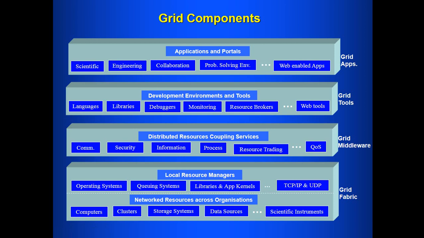Local resource managers include operating systems, queuing systems, libraries, and application kernels, and TCP/IP and UDP that are used in networking. And network resources across organizations include computers, clusters, storage systems, data sources, and scientific instruments.